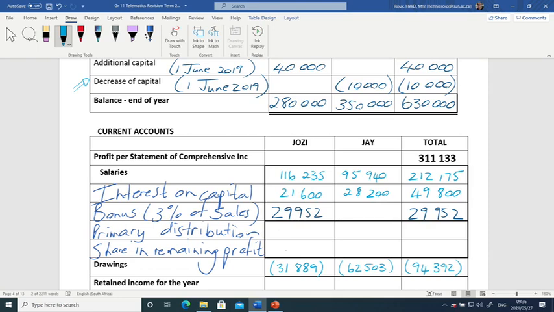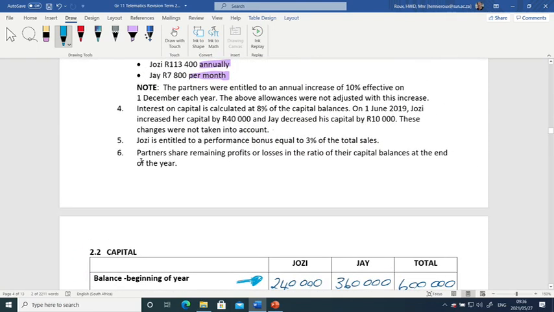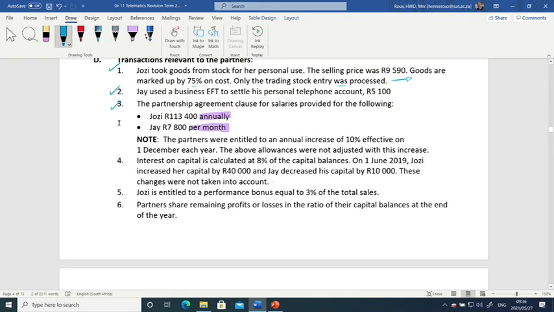And then the last one says partners share. So we've done the interest, we've done the bonus, and now the last one says partners share remaining profit or losses in the ratio of their capital contributions at the end of the year. And at the end of the year, Josie's 280,000, J's 350,000.